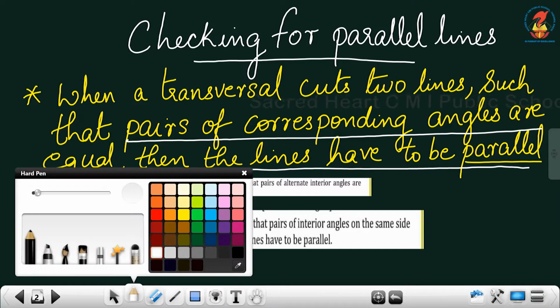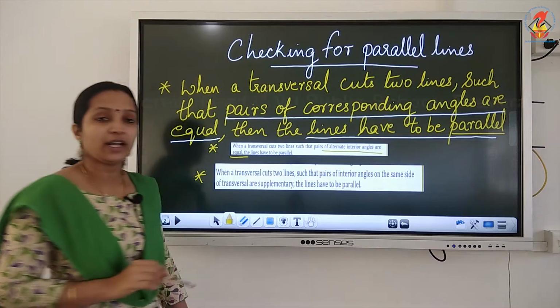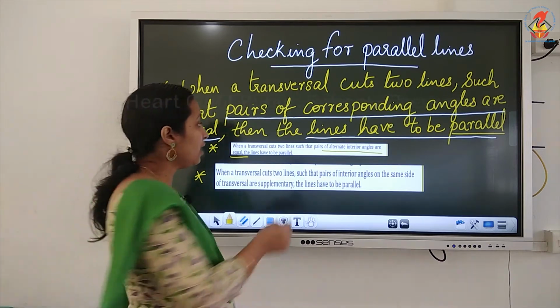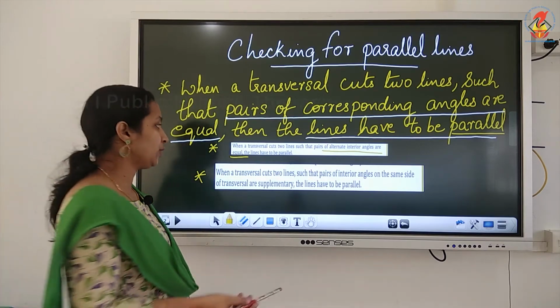Or, if a transversal cuts two lines such that pairs of alternate interior angles are equal, what can you say?